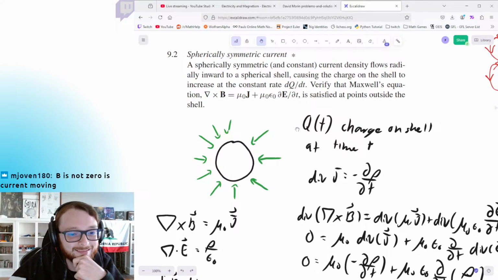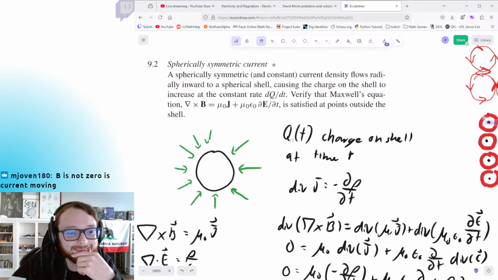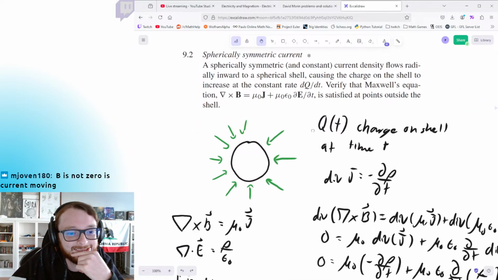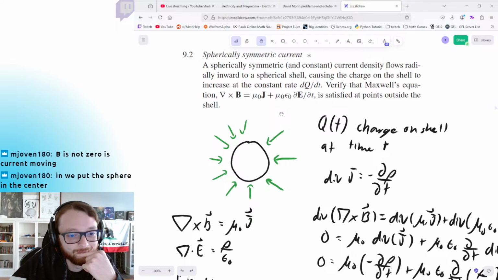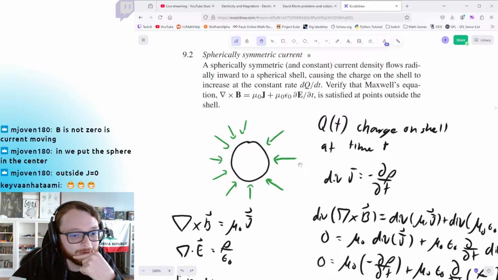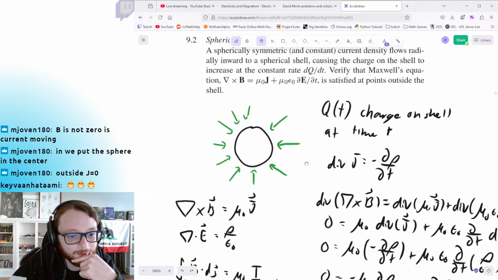But put the sphere in the center. Outside, J equals 0. Is J 0 outside?